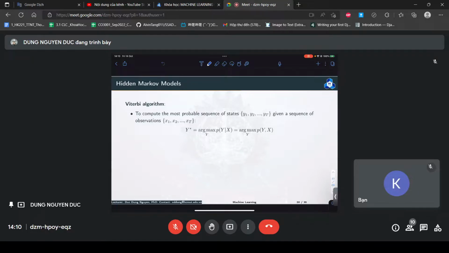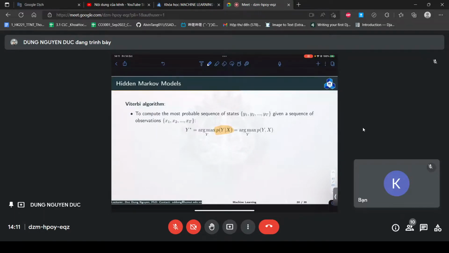You may wonder, why do we have this kind of formulation? Let's observe what we have here. You are expected to get the probability of the sequence of hidden states y given the sequence of observations x, right? And that's what we want. But we cannot get this probability right away because, for sure, it is unavailable.